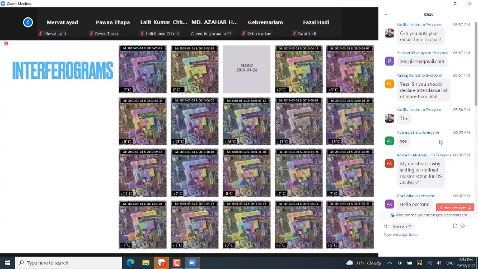When we processed the data, I think it was this interferogram here, we saw that something was not so good in the process, and something didn't go right. So we identified that interferogram as somehow strange by looking at it. The student who was processing it also found out that at the time the image was taken, there was a sandstorm in Las Vegas, so we assumed it was a bad weather situation.